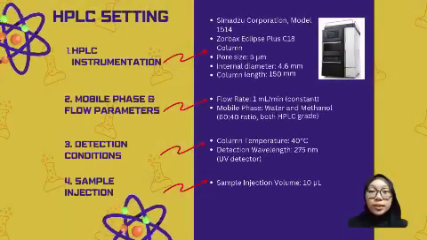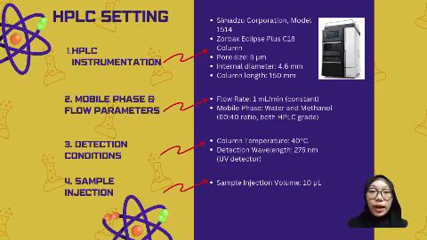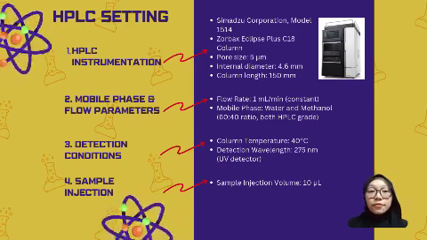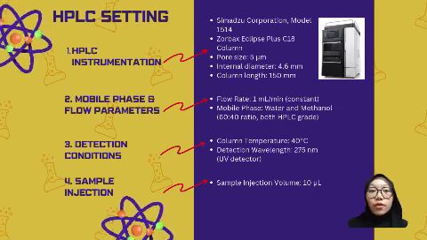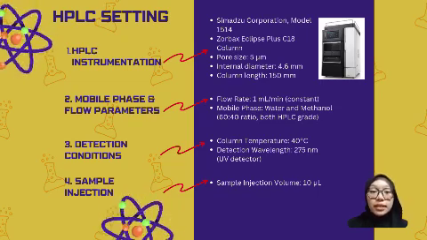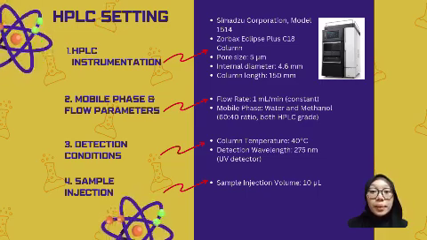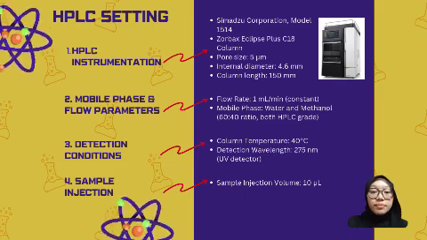Next, I will move to the HPLC setting. To accurately determine the caffeine content in tea and coffee, we use an optimized HPLC method. Here is an overview of the system and the key parameters. Firstly, HPLC instrumentation.